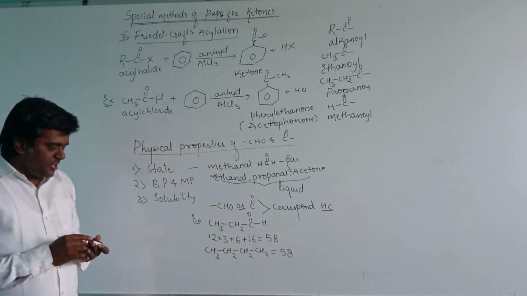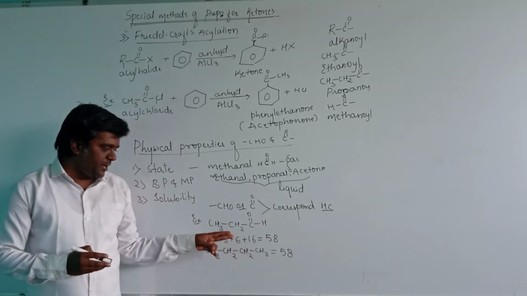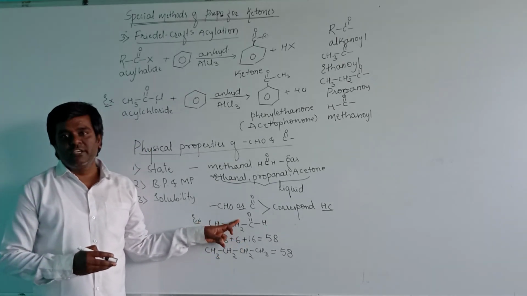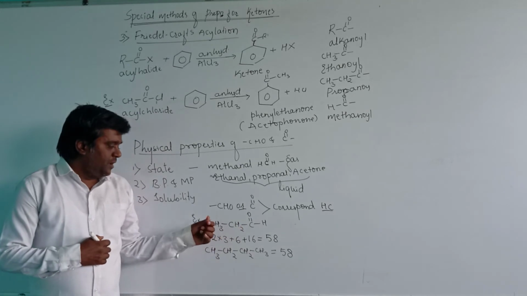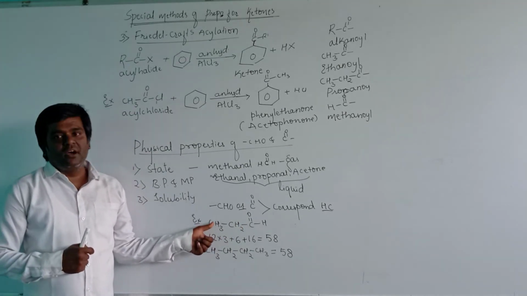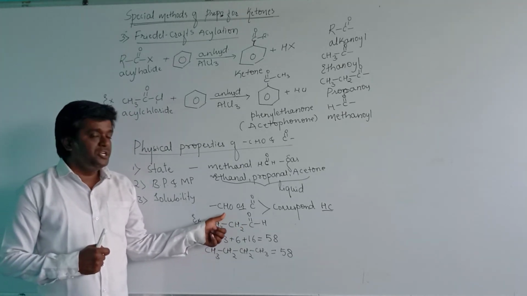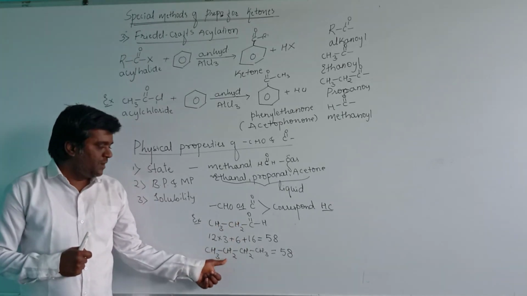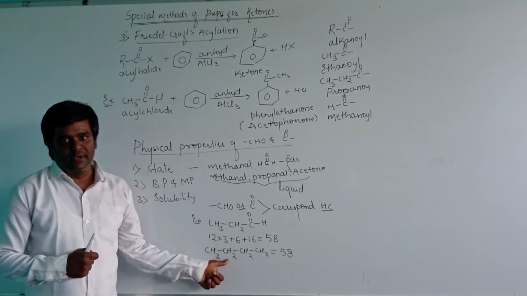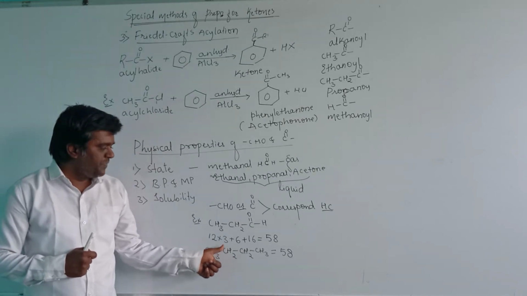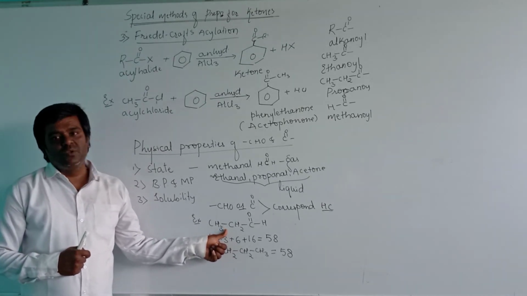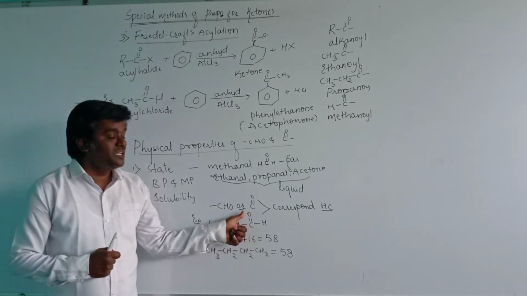When we compare hydrocarbons and aldehydes or ketones of corresponding mass, the boiling point of aldehydes or ketones will be greater than the corresponding hydrocarbons, because in aldehydes and ketones there is a presence of polar character.